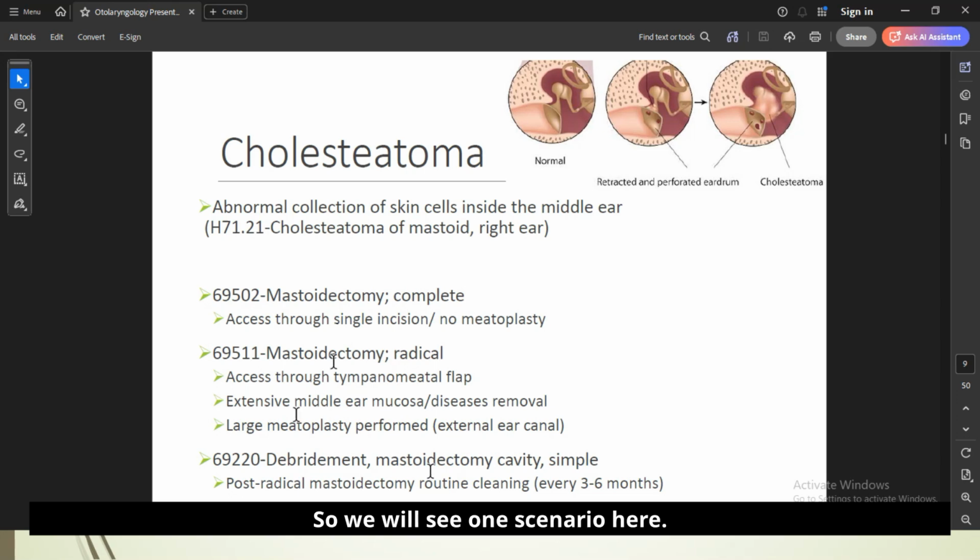Okay. Next we'll see one scenario here. Mrs. Beer is seen today for evaluation of her right ear. She reports occasional otalgia in her right ear and mild discomfort in both ears. No otorrhea or any other concerns. Dr. Voto uses a handheld operating speculum otoscope to inspect both ear canals.